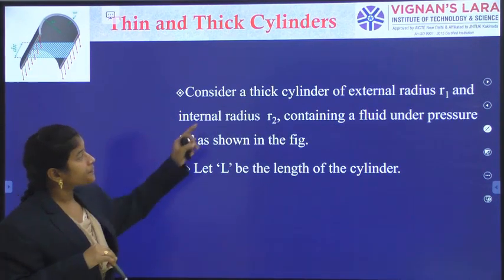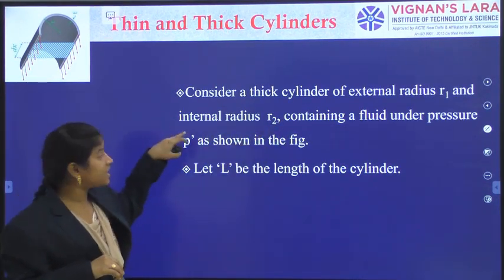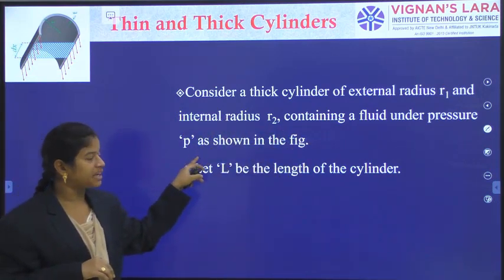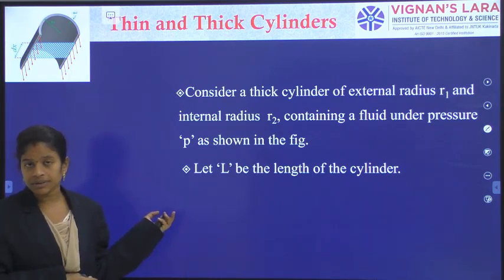Now consider a thick cylinder of external radius R1 and internal radius R2 and containing a fluid under a pressure P as shown in the figure. Yes, we have observed the picture as it is.